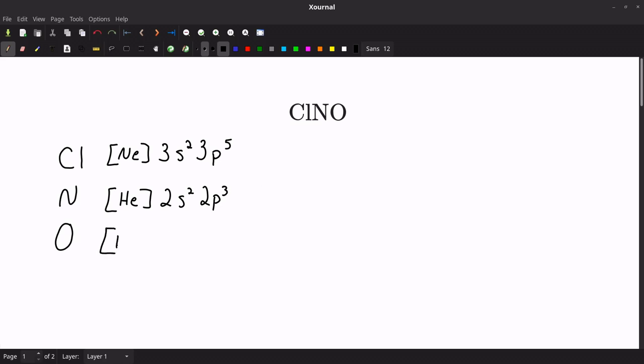And oxygen, I'll spare you guys looking at the table again. It is 2s2, 2p4. It's the one right next to nitrogen.